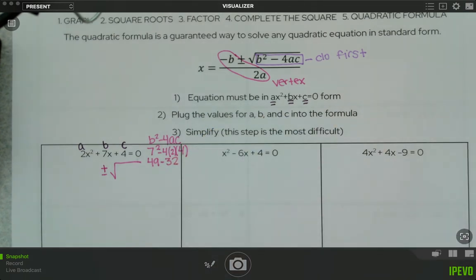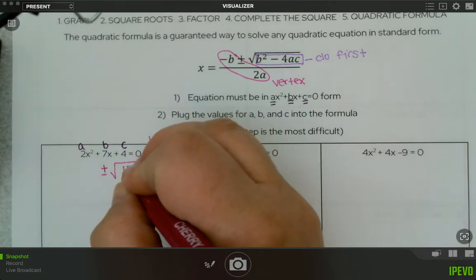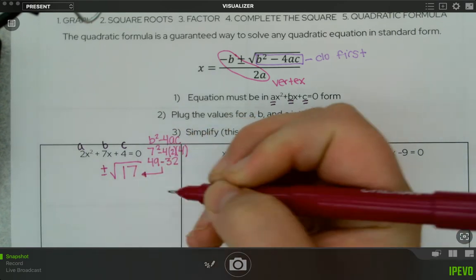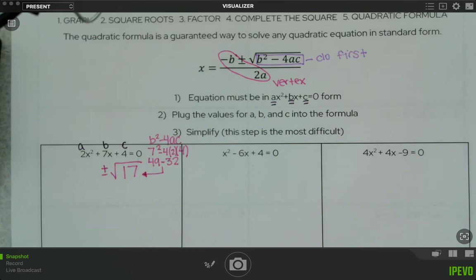And 49 minus 32 is 17. You might even be able to do that just by either using mental math or typing it into your calculator without writing it down, if that helps.